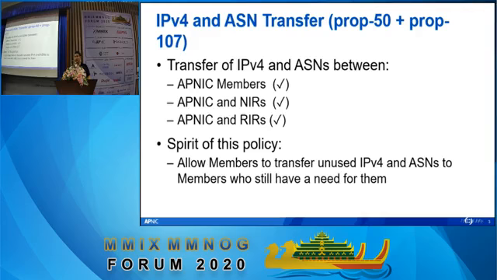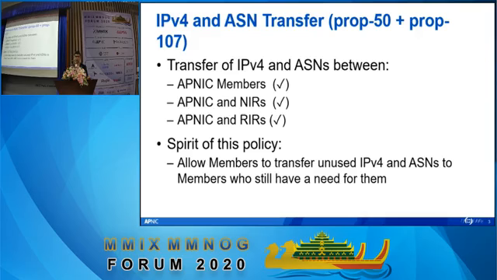And RIR stands for Regional Internet Registries, where they are a counterpart of APNIC, and we have 5 RIRs in the world. One serves the North American region, one serves the South American region, one serves the Europe region, and one serves the African region, and we are APNIC, we serve the Asia Pacific region.